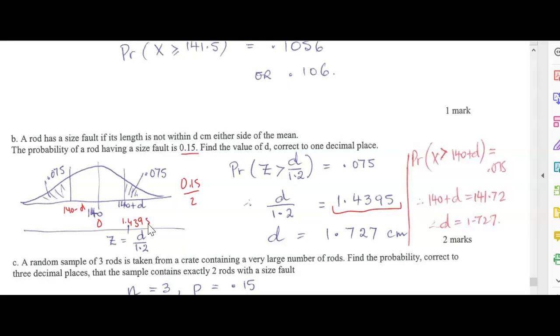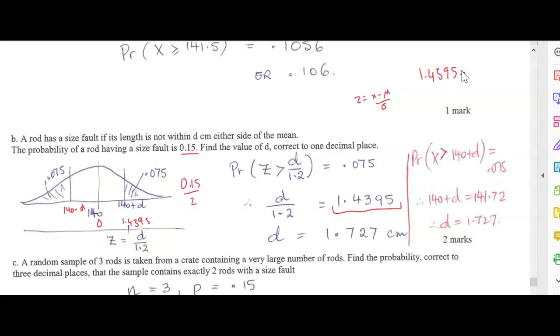Now, if you think of your Z score formula, and I'm running out of room here, so Z is equal to X minus your mean over your standard deviation. So for this question here, we've got, all right, so Z is 1.4395. Your value of X is 140 plus D.